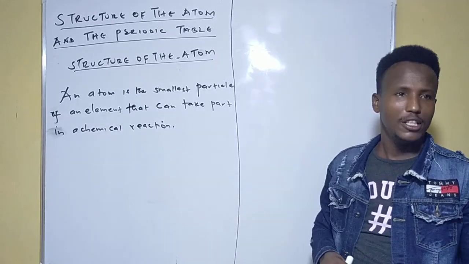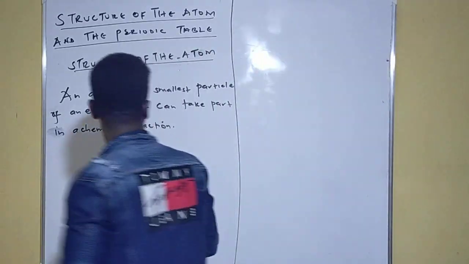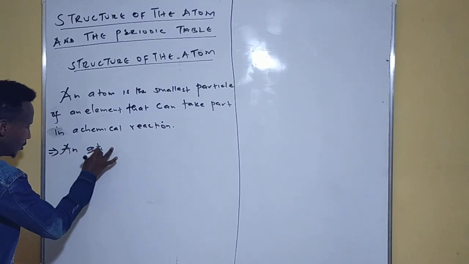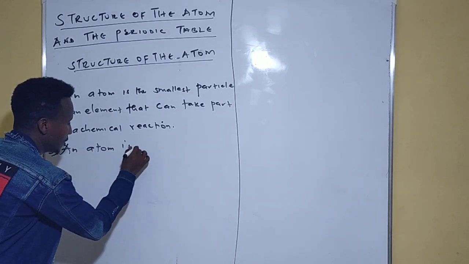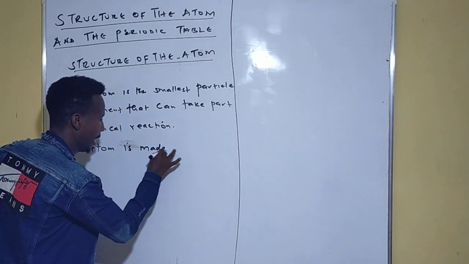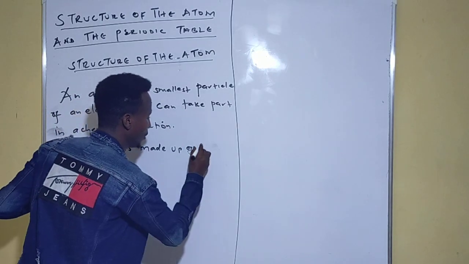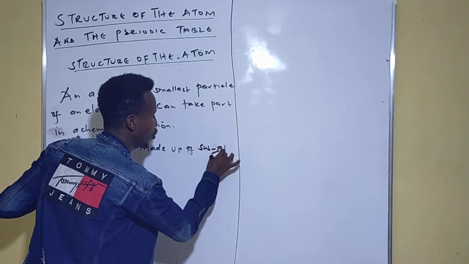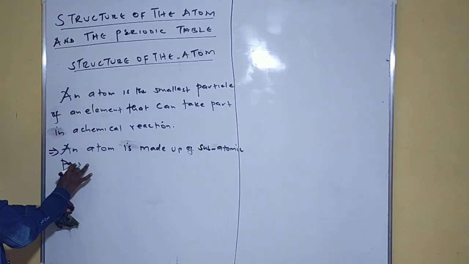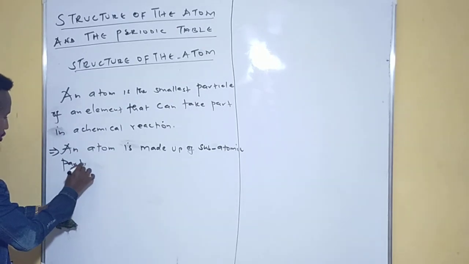Then, an atom is made up of subatomic particles. Let's write that. An atom is made up of subatomic particles.